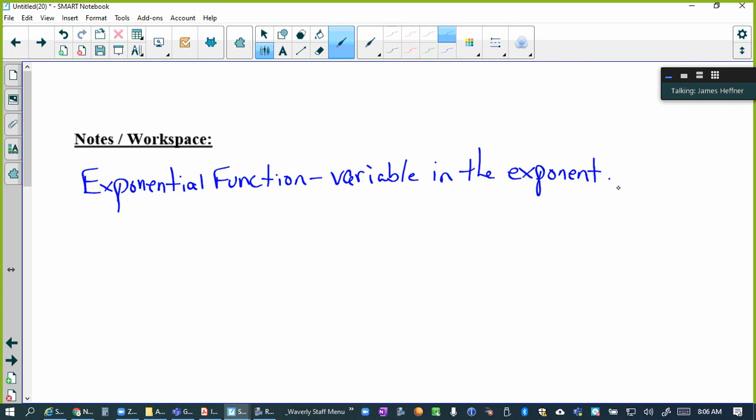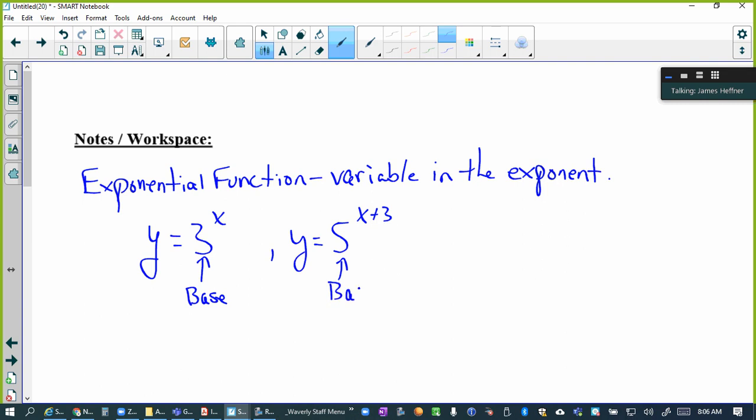So like if we have y equals 3 to the x, that 3 is called the base of it. Or you might have y equals 5 to the x plus 3. We've seen this before. And of course, the 5 here is the base of the exponential function.